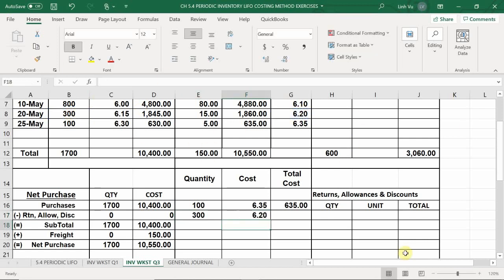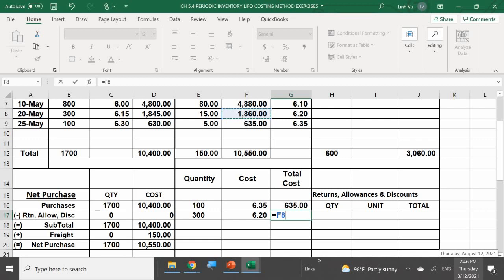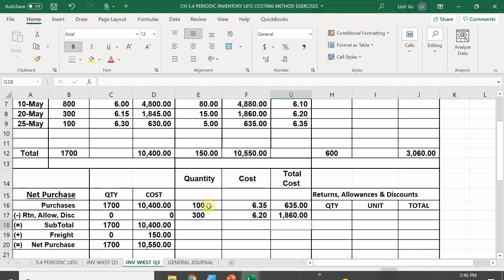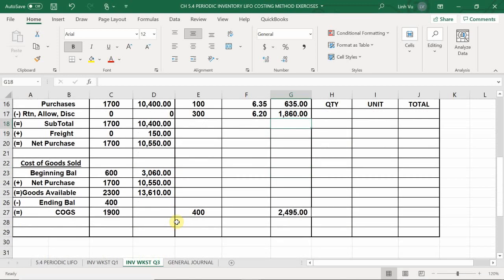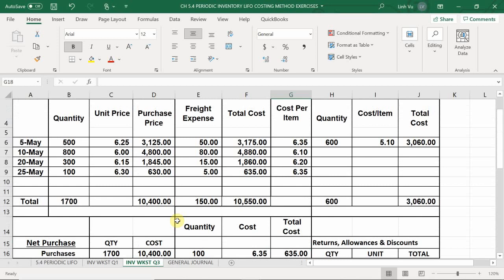I'm just cell referencing so you know exactly where the numbers came from. That gave me a grand total of $1,860. Now we sold a total of 400, and we still need 1,500 more items to sell. So which batch of inventory are we going to sell next?